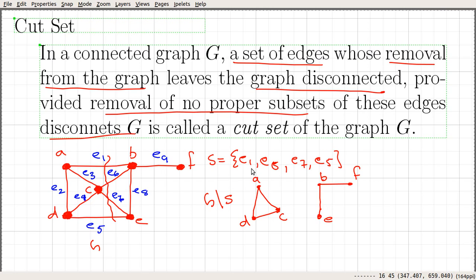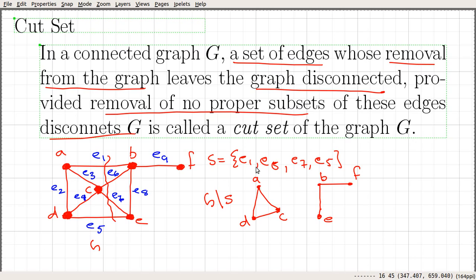If you consider any subset of these edges, for example E1, removing E1 won't disconnect the graph. Similarly, removing E6 won't disconnect the graph, and similarly with E7 and E5. Those are the one-element proper subsets of this set. So let's look into two-element proper subsets. If you remove E1, E6, the graph is still connected.